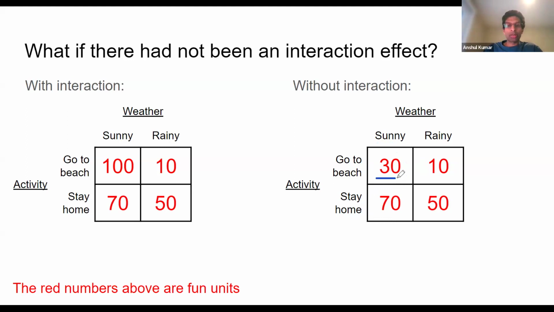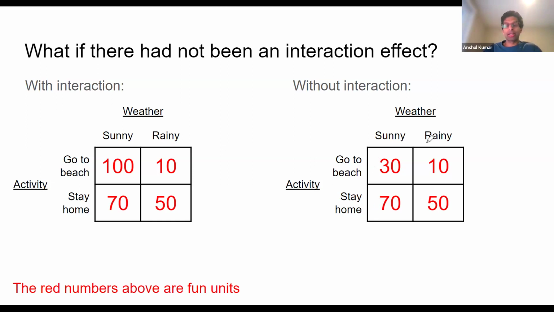But now if we go to the beach on that same sunny day, our level of fun is 30. Let's imagine this new data is collected on somebody who just doesn't like the beach, right? So their level of fun is going to go down by 40 units. It's going to go from 70 to 30 if they switch from staying at home to going to the beach.